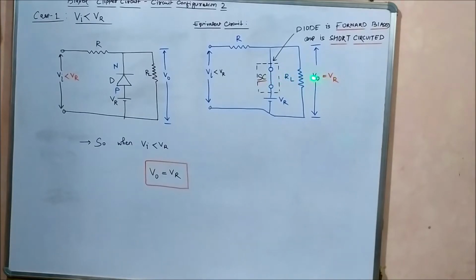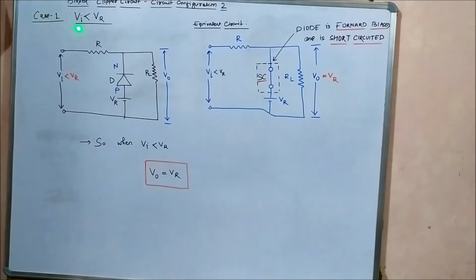In case 1, Vi less than Vr, the output will be a constant value equal to the reference or biasing voltage used in the clipper.